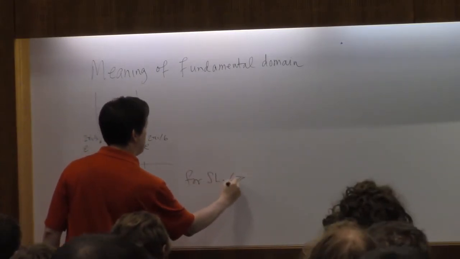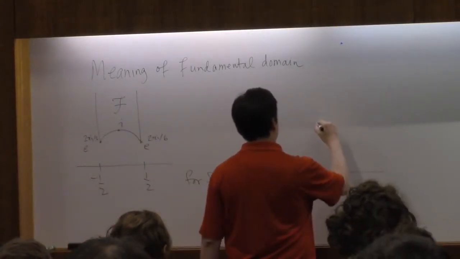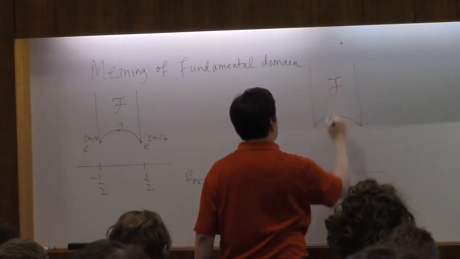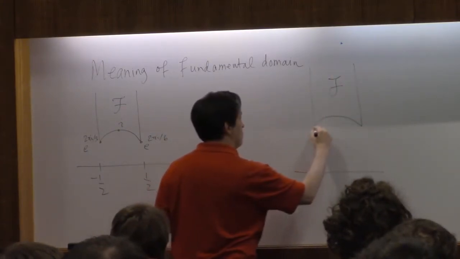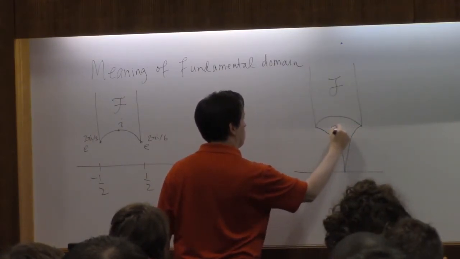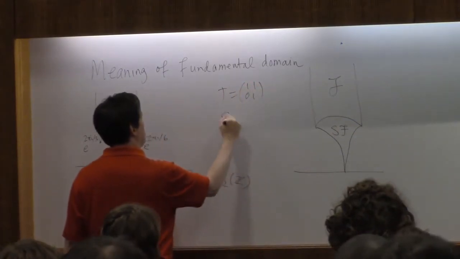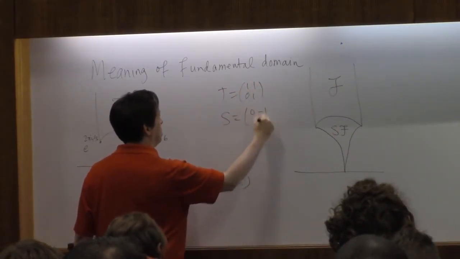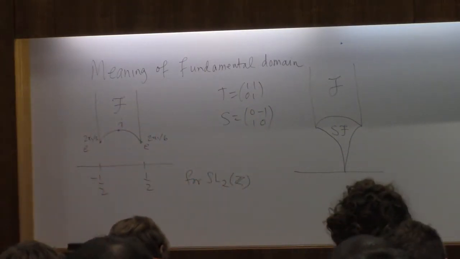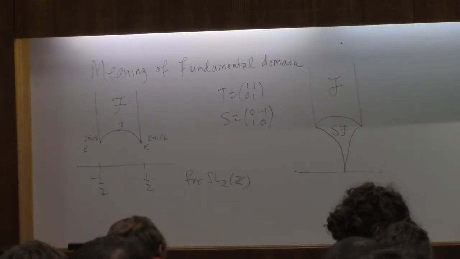for SL2Z. And I had said also that if you take this region, which goes infinitely far up, and you flip it over using the matrix S, where T is (1, 1, 0, 1), with the effect tau goes to tau plus 1, and S is (0, -1, 1, 0), tau goes to minus 1 over tau, so outside the unit circle goes inside the unit circle, well, the Euclidean unit semicircle.